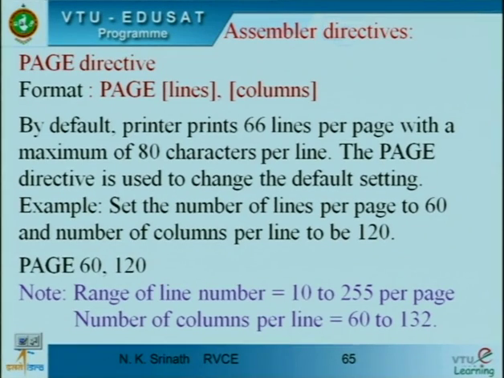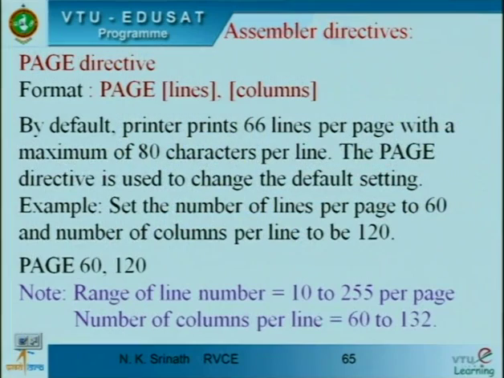But if you want to change this particular setting to something else, you can definitely do so by using the page directive. The page directive, for example page 60, 120, says you can have 60 lines and in each line you can have 120 characters.